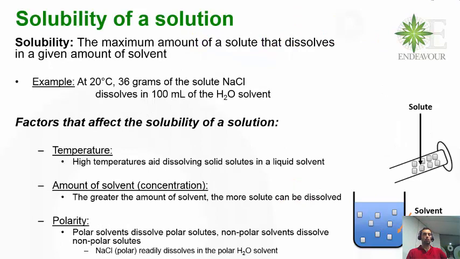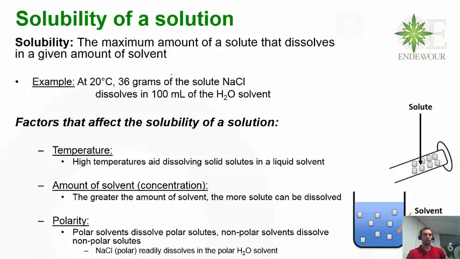So we can describe the amount of solute that can actually be dissolved in a certain amount of solvent, and that is basically the solubility of the solution. The maximum amount of solute that can be dissolved in the solvent is a measure of how soluble the solution is, or the solution's solubility.